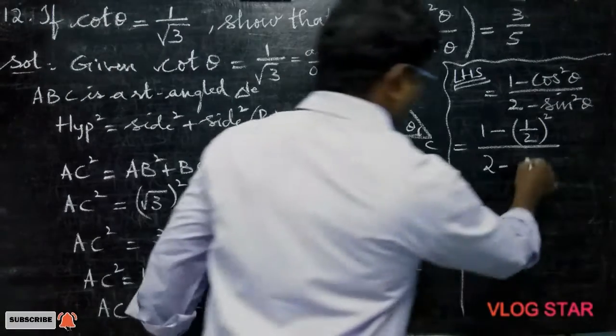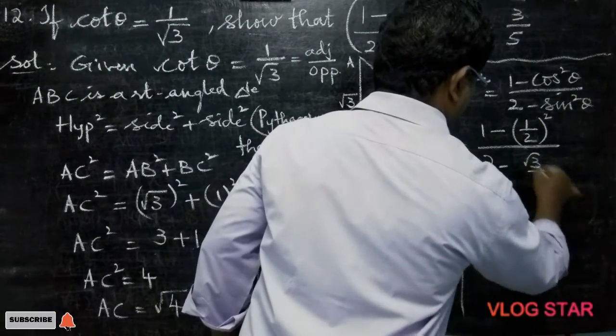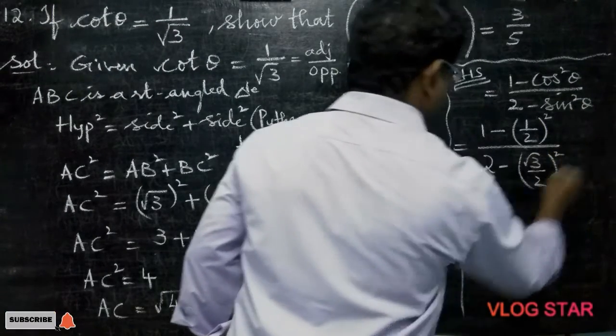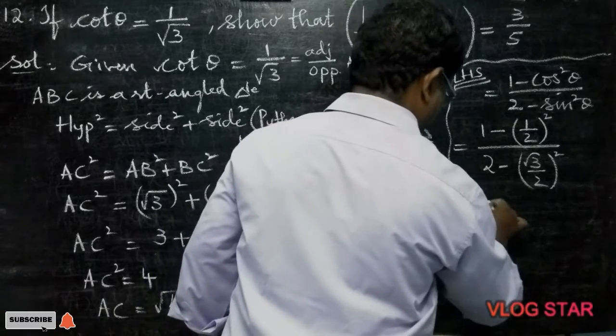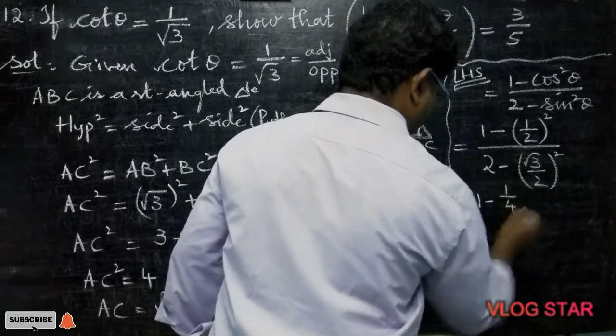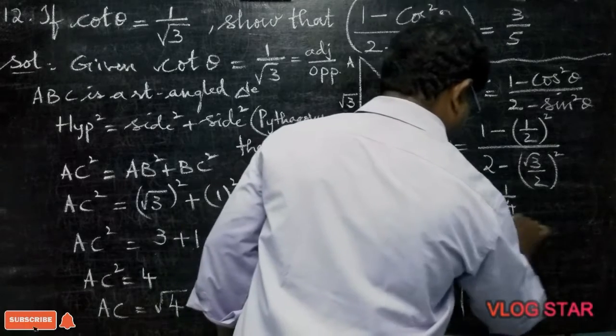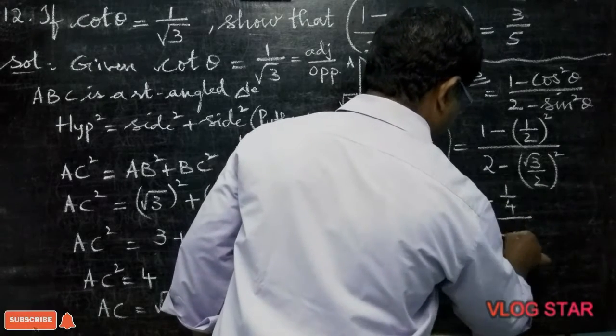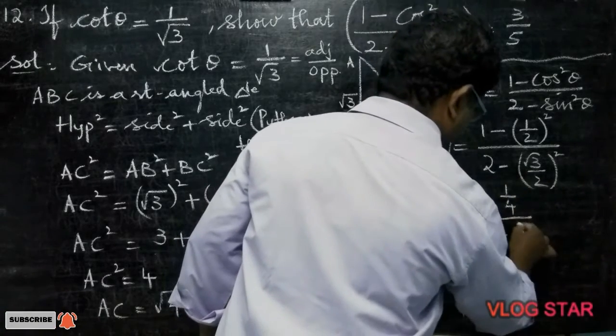Sin theta is root 3 by 2 whole square. That is equal to 1 minus 1 ones are 1, 2 twos are 4. Next, in denominator 2 minus root 3 into root 3, 3.